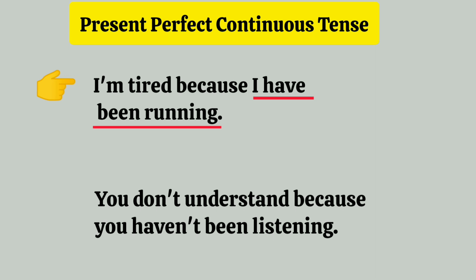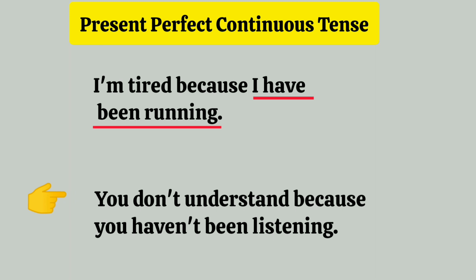I have been running. So, this is the action that recently stopped, and as a result, I am tired. This is the present result. It's because of my previous action, running, that now the result is I am tired, which shows the present result of my previous action.